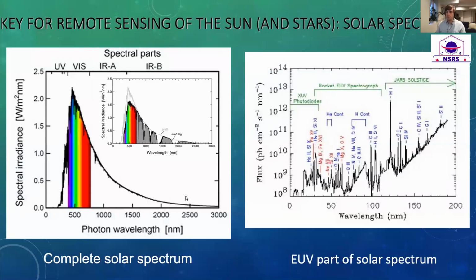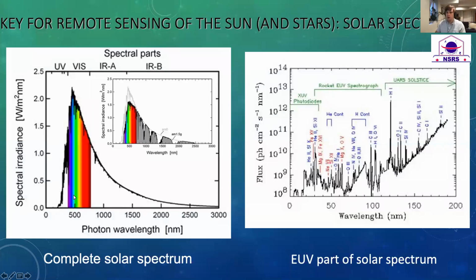So on the left here, you see a plot with the rainbow in it, and it's a spectral irradiance. So this is an irradiance, the amount of energy coming from the sun itself, as a function of wavelength, as a function of color of light. And so as you go up, you can see this steep curve, it peaks, and then there's a long tail out.